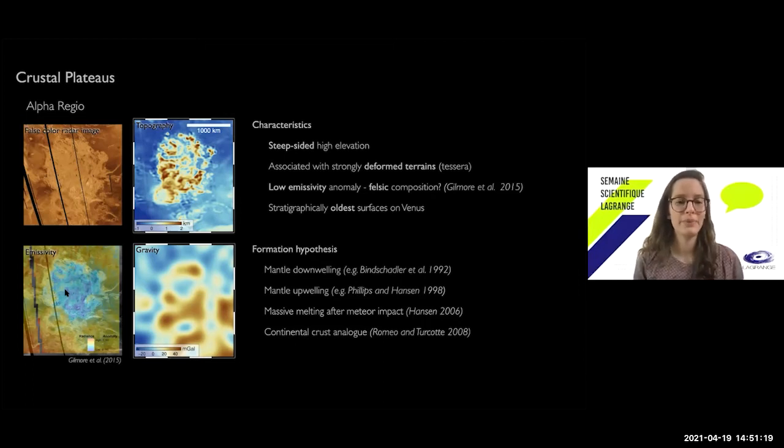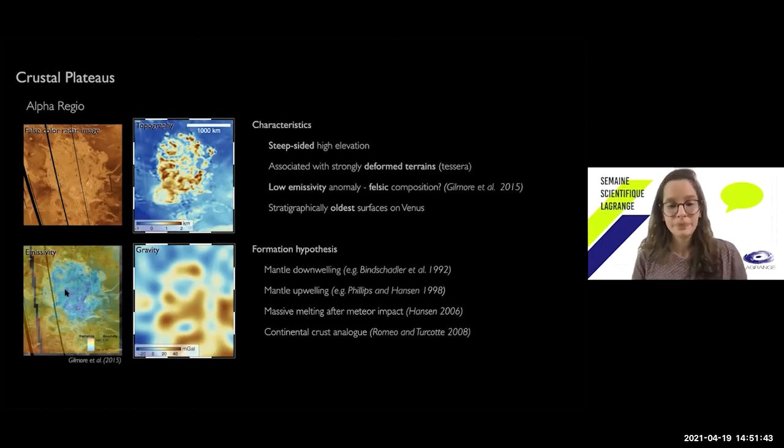There are many possibilities. One is that it's a region of downwelling, so that there is the mantle convection, and there are some places where it is cold, these cold spots where the crust is kind of compressed, and then you can thicken the crust and make this high topography. It can also be an expression of mantle upwelling, so the opposite, where you have hot spots on the bottom.